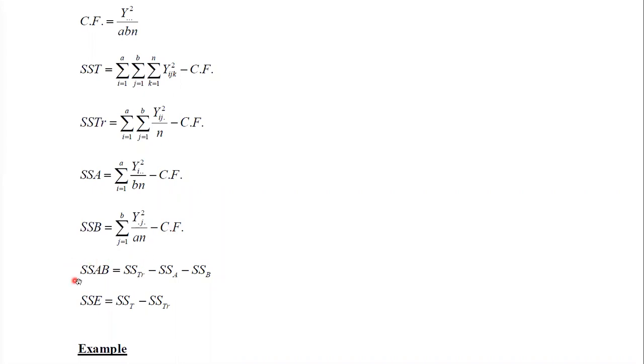To identify SSAB, the interaction sum of squares, we can use the relationship which I told you previously: we are using A, B and AB just to elaborate the treatment. Therefore, you can use the SS values of each of these to easily obtain the value for AB.